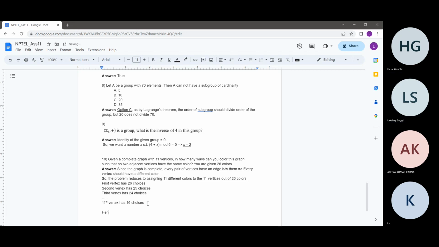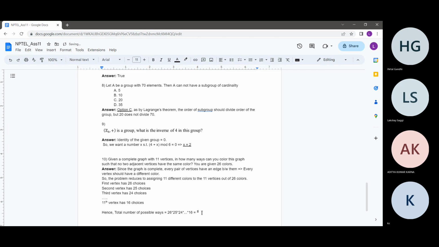Hence, the total number of ways is just the product: 26 times 25 times 24 till 16, which Aditya has also written in chat, which is nothing but 26P11.